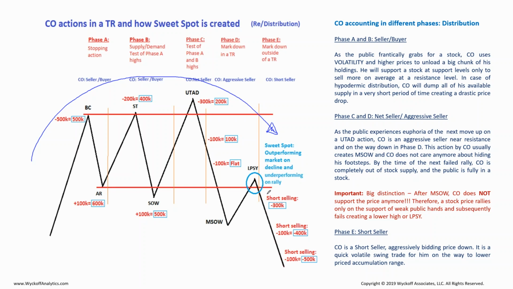But I want you to remember a couple of things. The CO, composite operator, or the composite man, is of large quantity. The size of their portfolio is tremendous, so they cannot move in and out of a position quickly. They have to spend some time accumulating or distributing the stock.